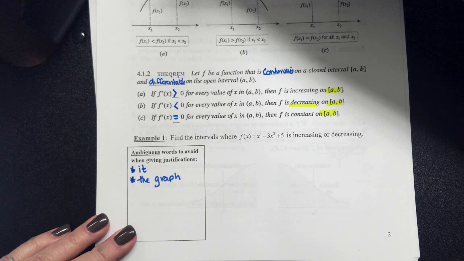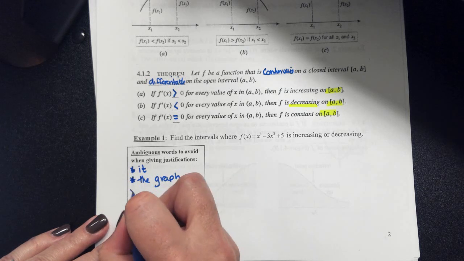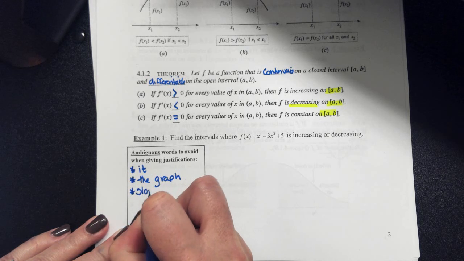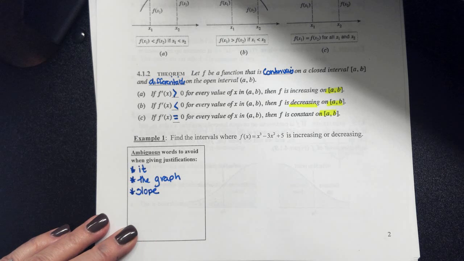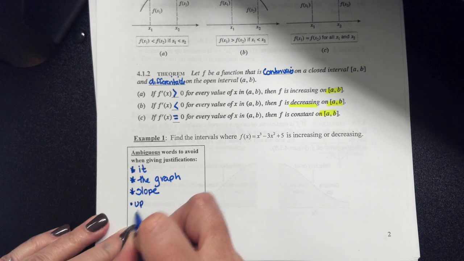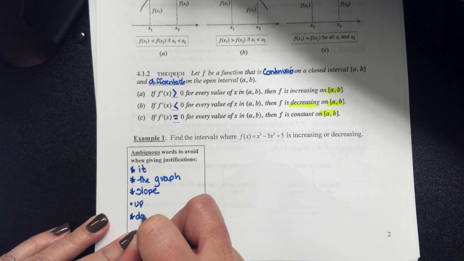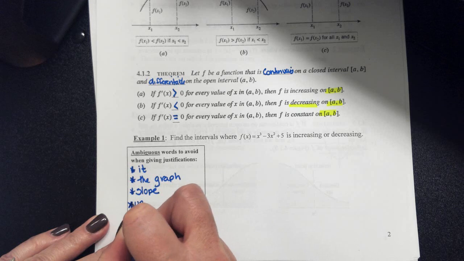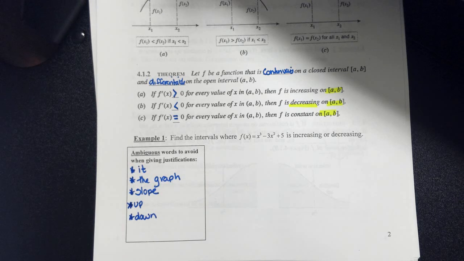Is it g of x? Is it h of x? Slope. We will use the words increasing, decreasing, or derivative. We talk about up or down. So those are some words that we're going to need to clarify or not use in our justifications.